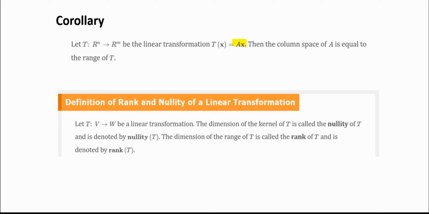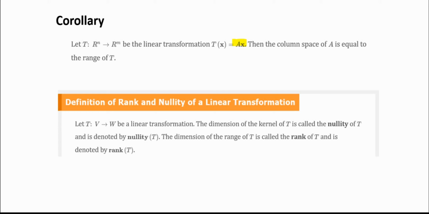A definition of the rank and the nullity of a linear transformation. Again, these are repeats. We've talked about rank and nullity in previous chapters, particularly in the chapter on vector spaces. Here, let T be a transformation mapping vectors in V into vectors in W. The dimension of the kernel of T is called the nullity.